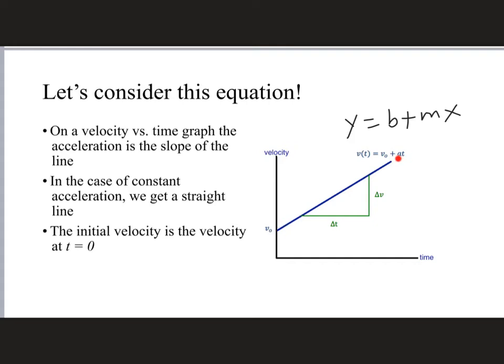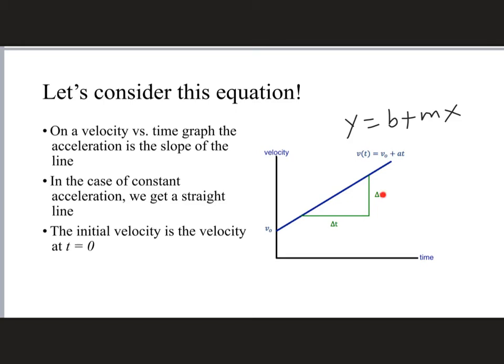Now, the a here in the equation corresponds with the m. So you've got v naught plus at. t is what you're plotting. Normally you plot x, but here we're plotting t. a is like the slope. And let's look at the slope, because if I go from this point to that point, I'll have gone over some delta t, and I'll have gone up some change in velocity, delta v.